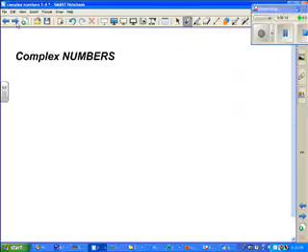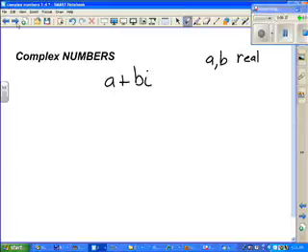So a complex number is a number that combines a real part and an imaginary part. In general, it's a plus bi, and a and b are real numbers. We've seen this before.